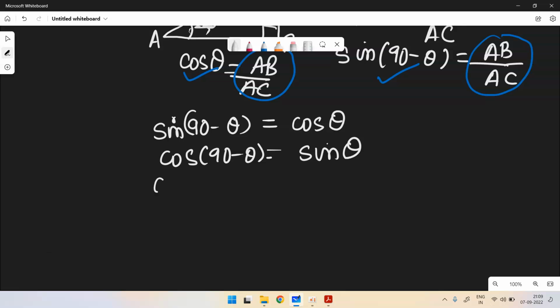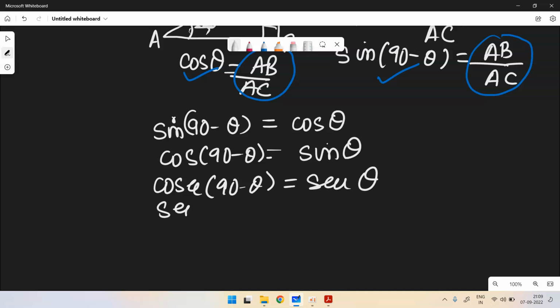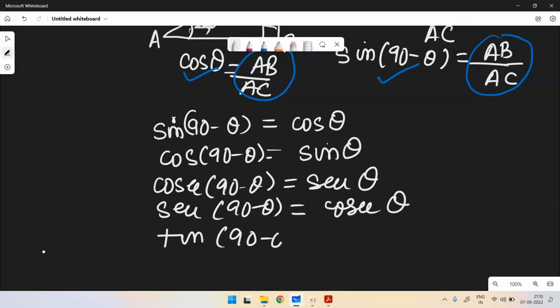Cosecant 90 minus theta will give me secant theta, secant 90 minus theta will give me cosecant theta, and tan 90 minus theta will give me cot theta.